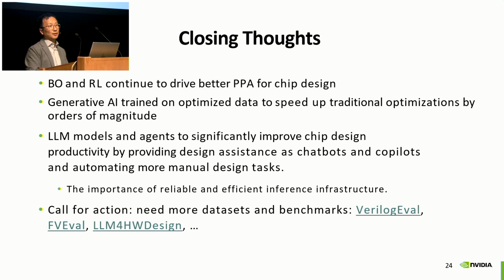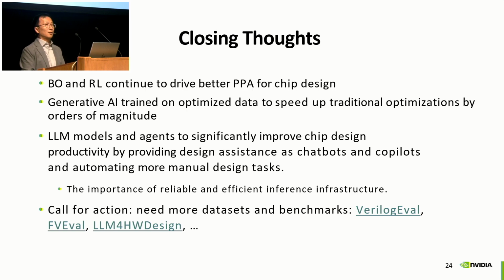I think this is a very new direction that the EDA tool vendors should look into. And language models and agents can significantly improve chip design productivity by providing design assistance such as chatbots or copilots and automating more manual design tasks.